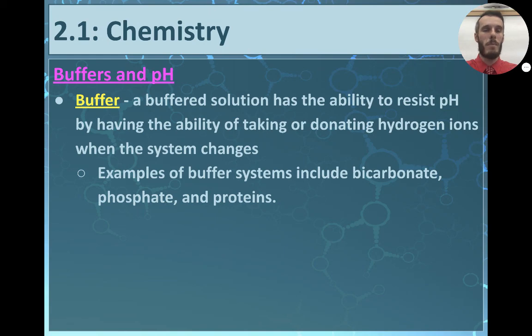Some of the examples, especially with your blood, is bicarbonate. So the presence of carbon dioxide will give us bicarbonate, but there's also phosphate as well as proteins, which have the ability to both give off hydrogen ions and take in hydrogen ions. So depending on which way it goes, these solutions can resist the change in pH by reacting in one of those two ways.